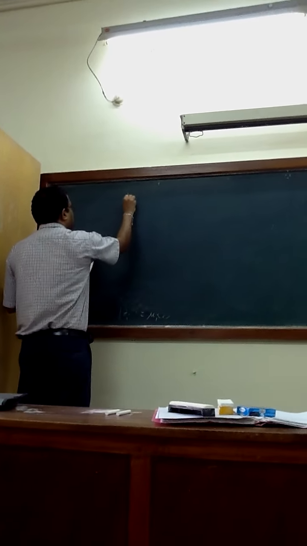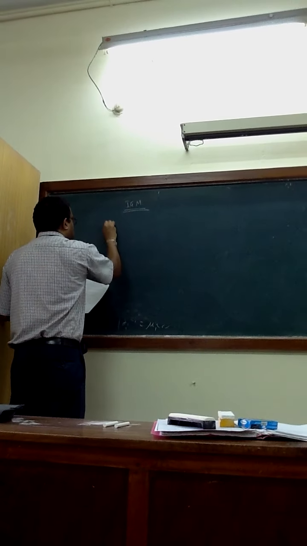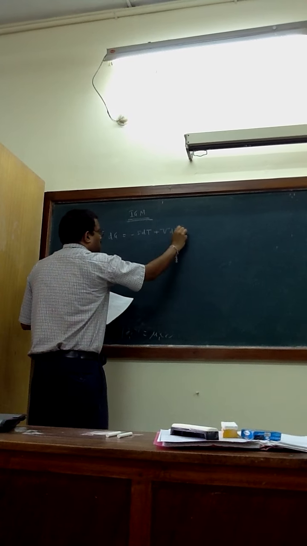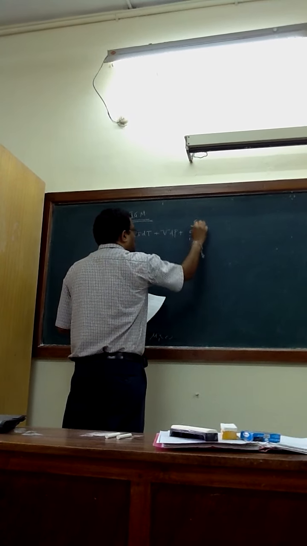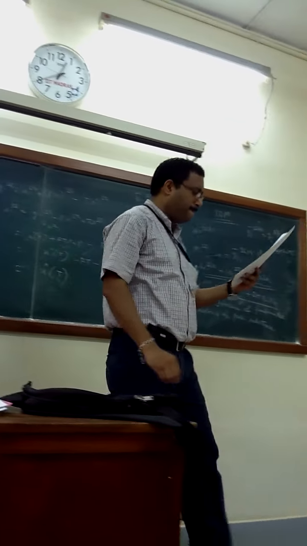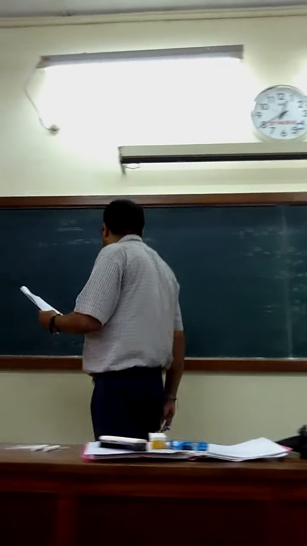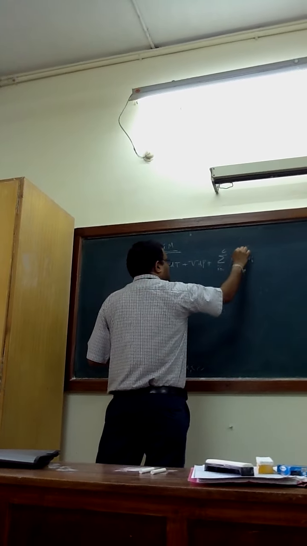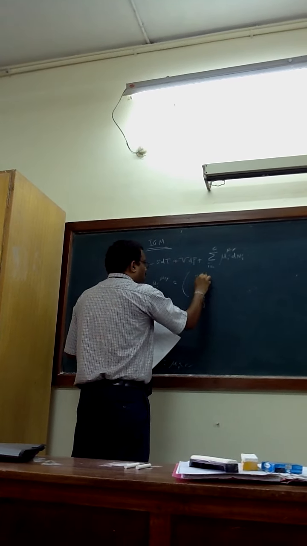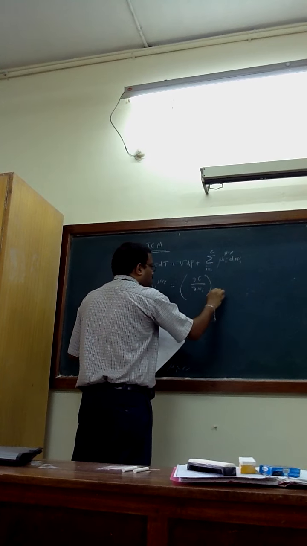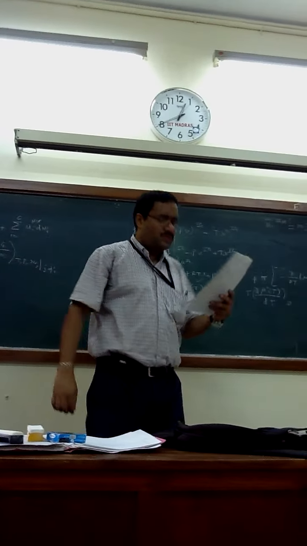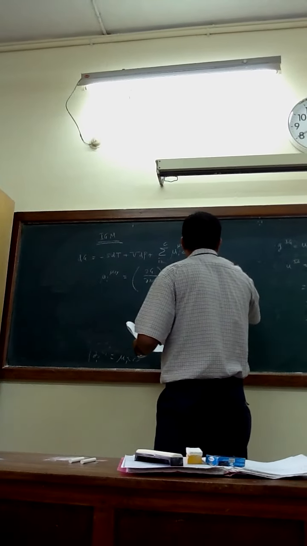For the ideal gas mixture, our equation is dG equals minus S dT plus V dP plus summation i equals 1 to c of mu i dn i. Mu i is the mu i mixture, which is further defined as dou G by dou Ni at T, P, Nj, j not equal to i, which is also Gi bar.